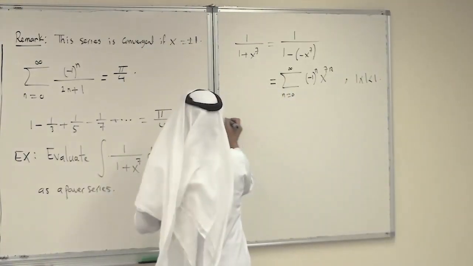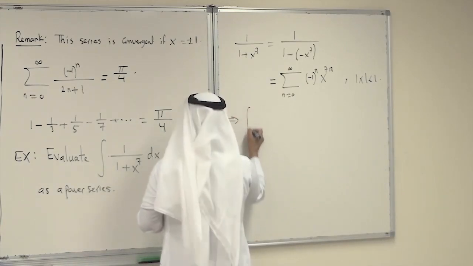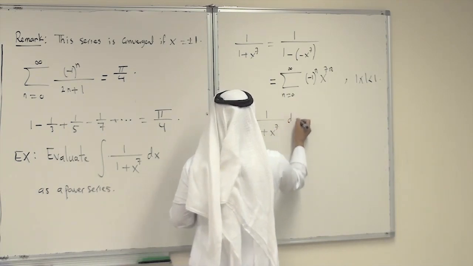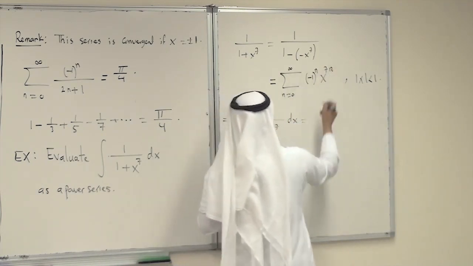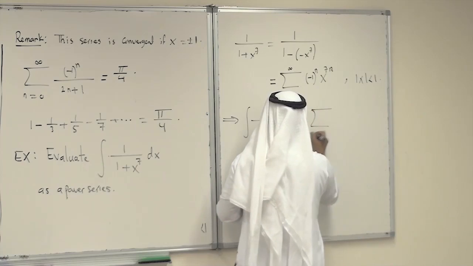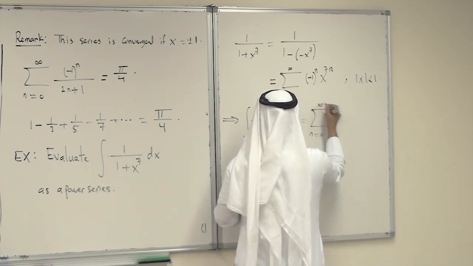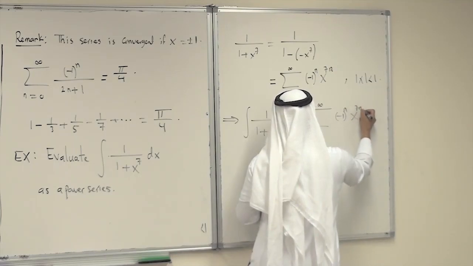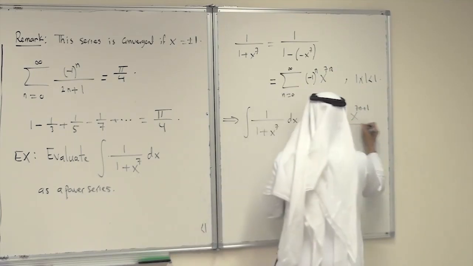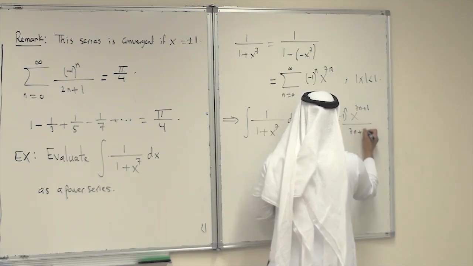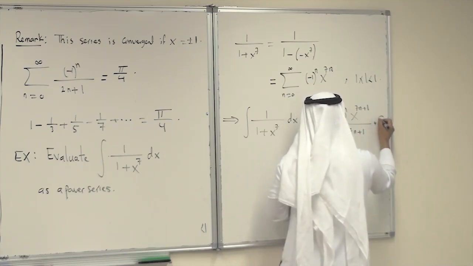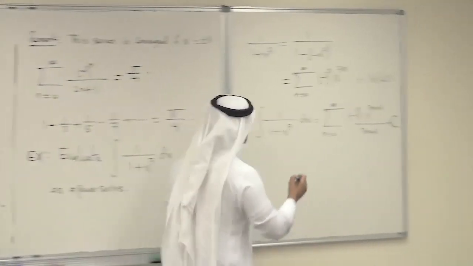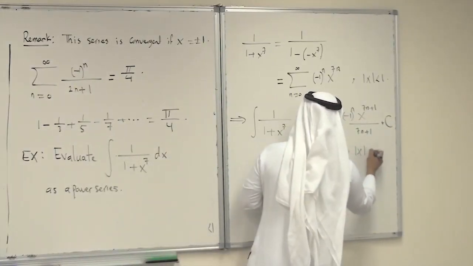So, I can rewrite this: the integral of 1 over 1 plus x to the power 7 dx is the integral of this with respect to x, so that will give the sum from n equal to 0 up to infinity of minus 1 to the power n, x to the power 7n plus 1, all over 7n plus 1, plus for sure a constant of integration. Of course, this is true for the absolute value of x less than 1.